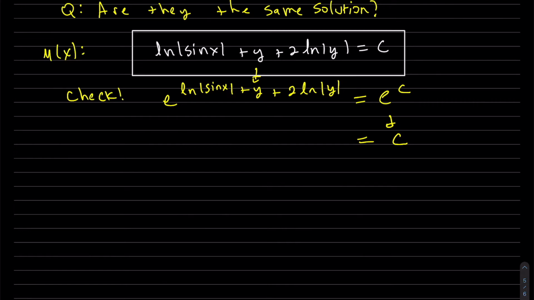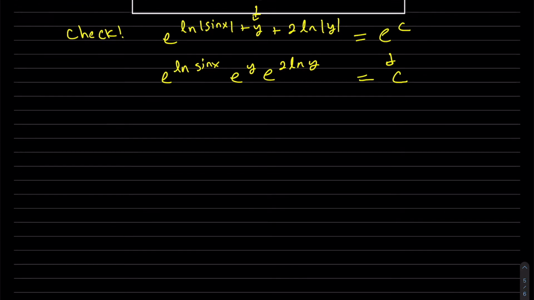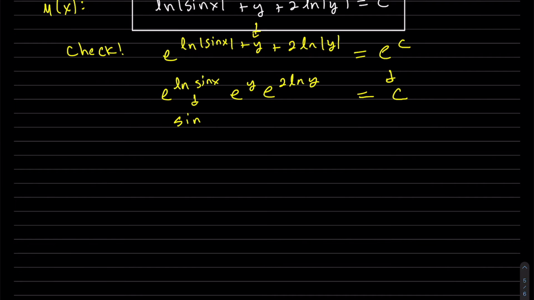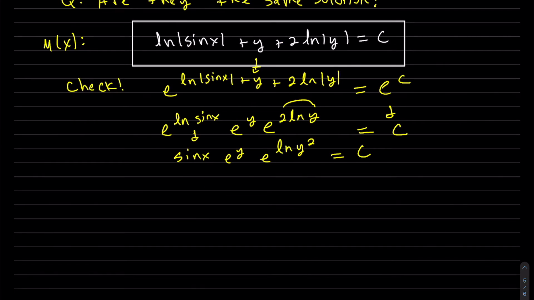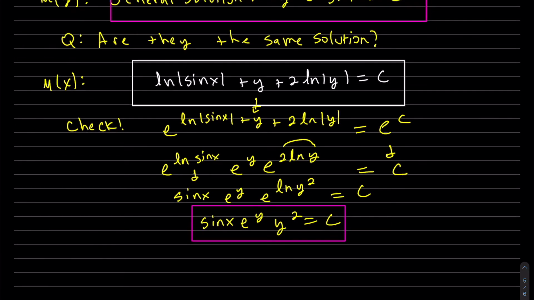So we can use our exponential properties. I'm going to just, for simplicity, drop the absolute value. So, this is sine of x, this is e to the y, and we do have to do the power rule here first. This is the same solution. And now they look identical.